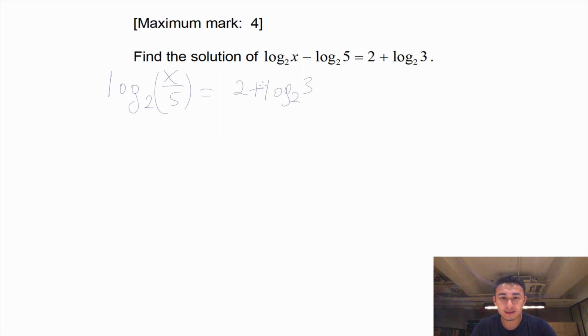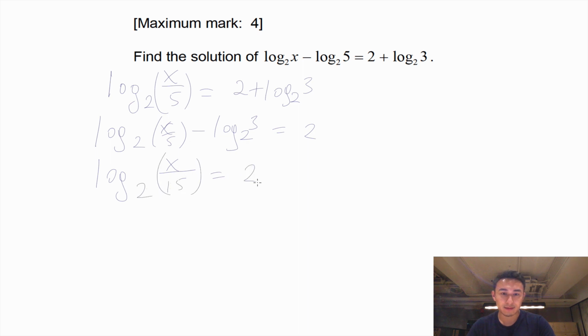Now let's take this logarithm to the left hand side. We have logarithm of x over 5 base 2 minus logarithm of 3 base 2 is equal to 2. Okay, we again have subtraction. So x over 5 divided by 3 gives us x over 15. And the base is 2, is equal to 2.